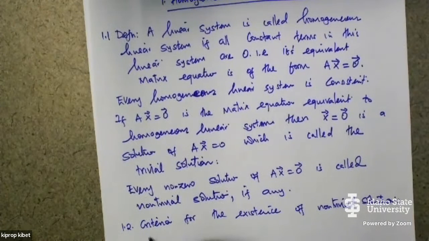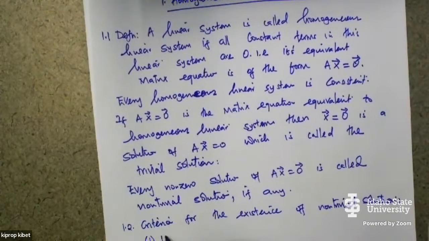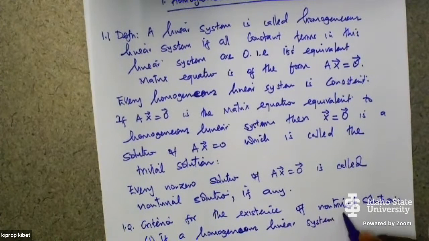Number one, if a homogeneous linear system has no free variables, then it only has the trivial solution.